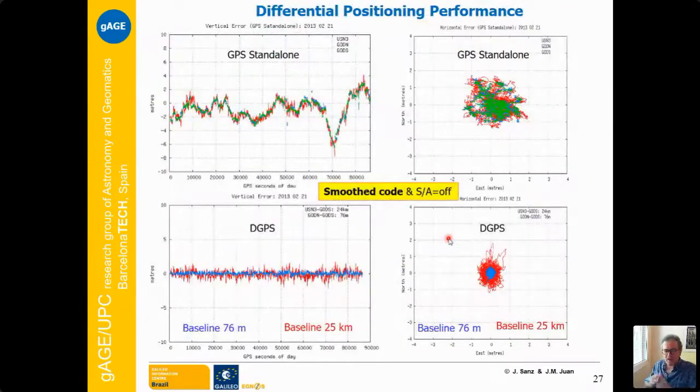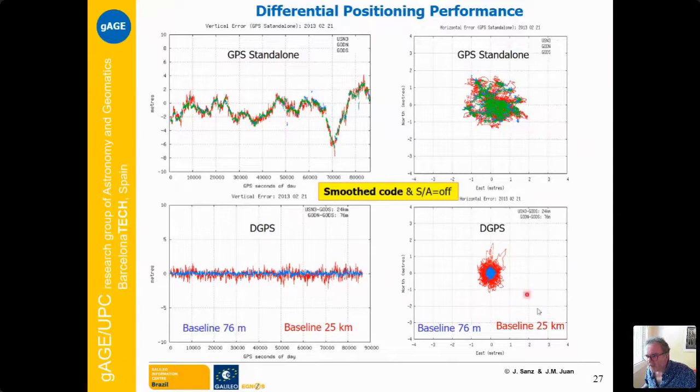What do we see? Well, errors are similar, and can be removed or mitigated in differential mode, but it depends on the baseline. As the baseline becomes larger, the similarity becomes lower, and this is mostly due to the atmospheric errors.